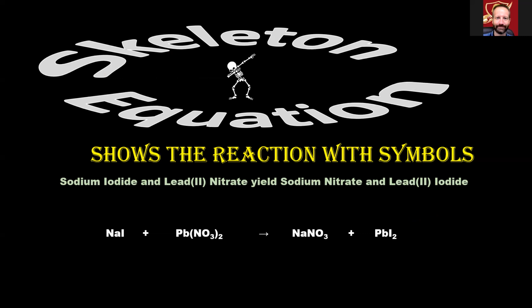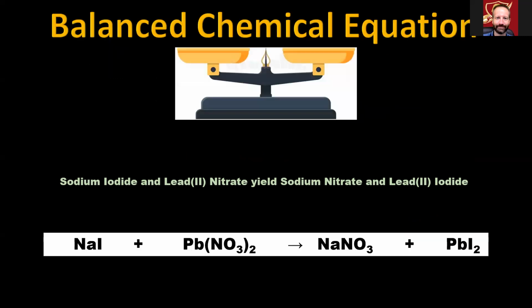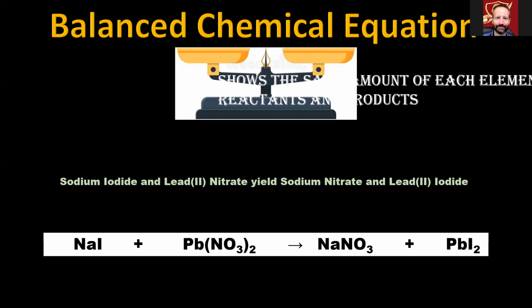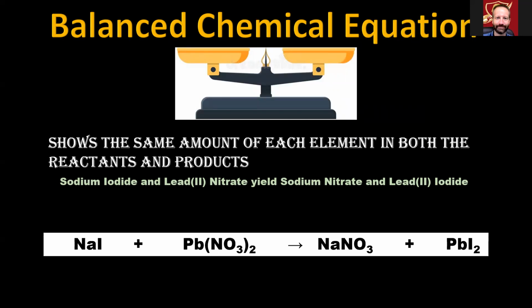There we go. Our final type of equation is a balanced chemical equation. And a balanced chemical equation shows that we have the same amount of each element in both the reactants and products.